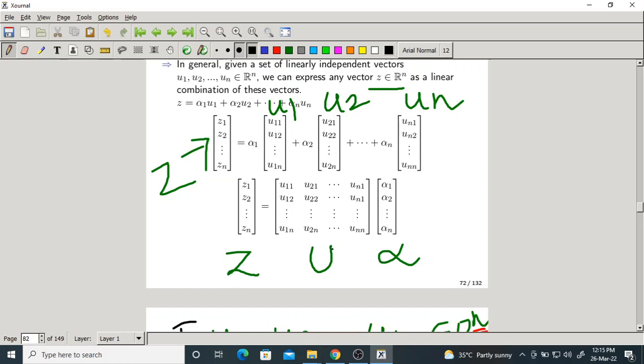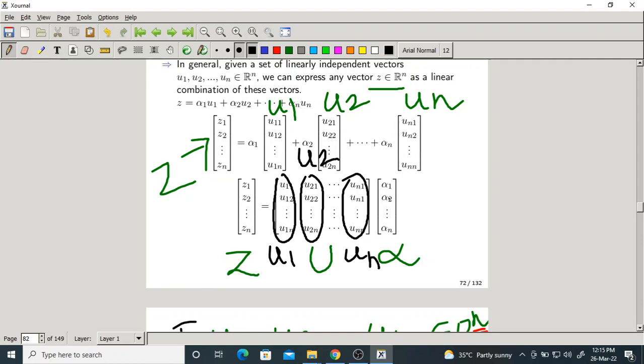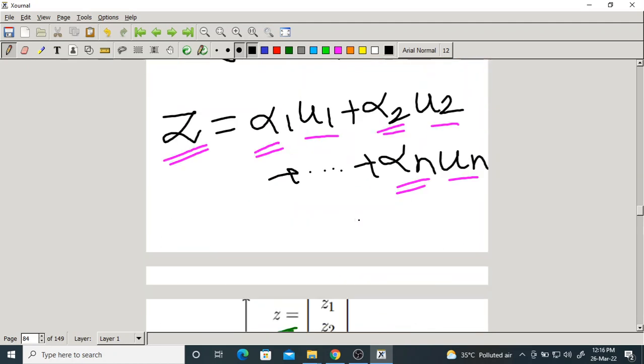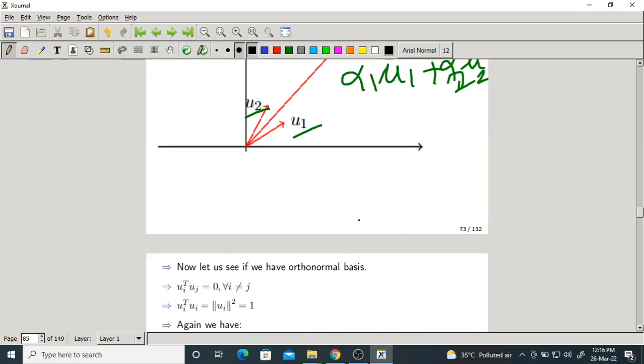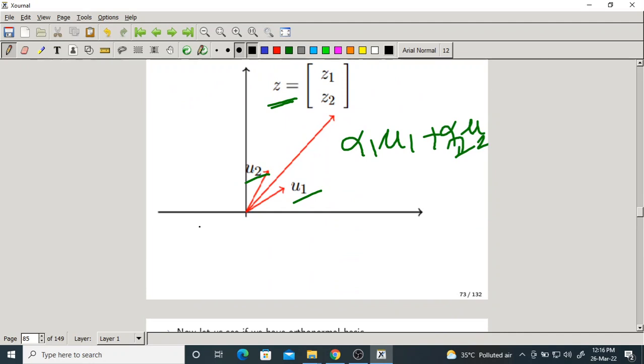In the matrix u, each column is a basis vector: this is u1, this is u2, this is un. The vector alpha contains all the scalars or multiplication coefficients. Finally, you can write z equals u into alpha.